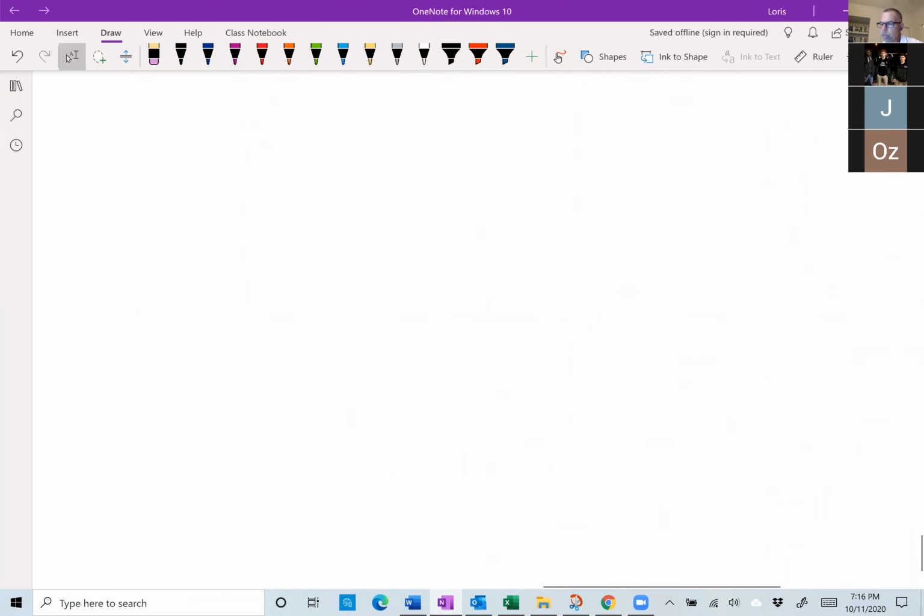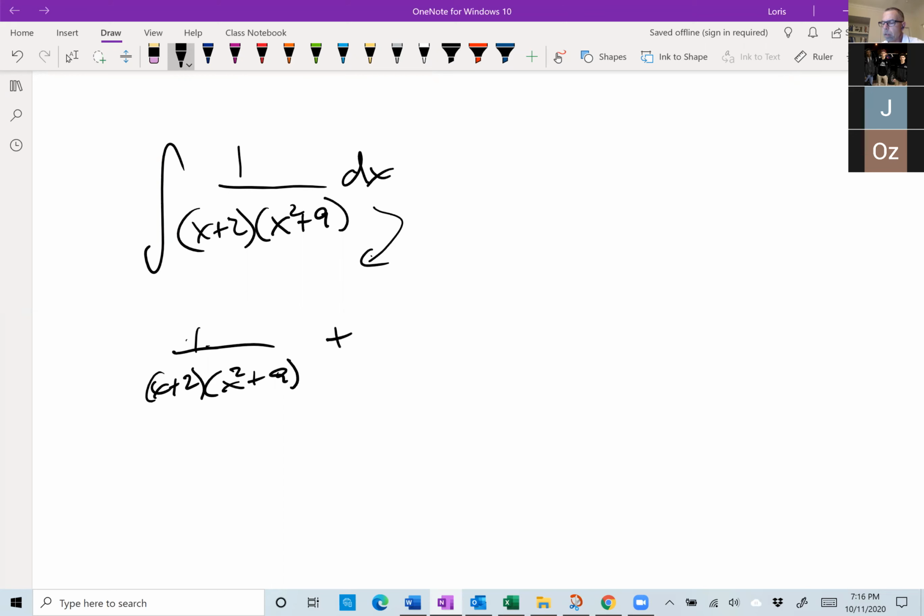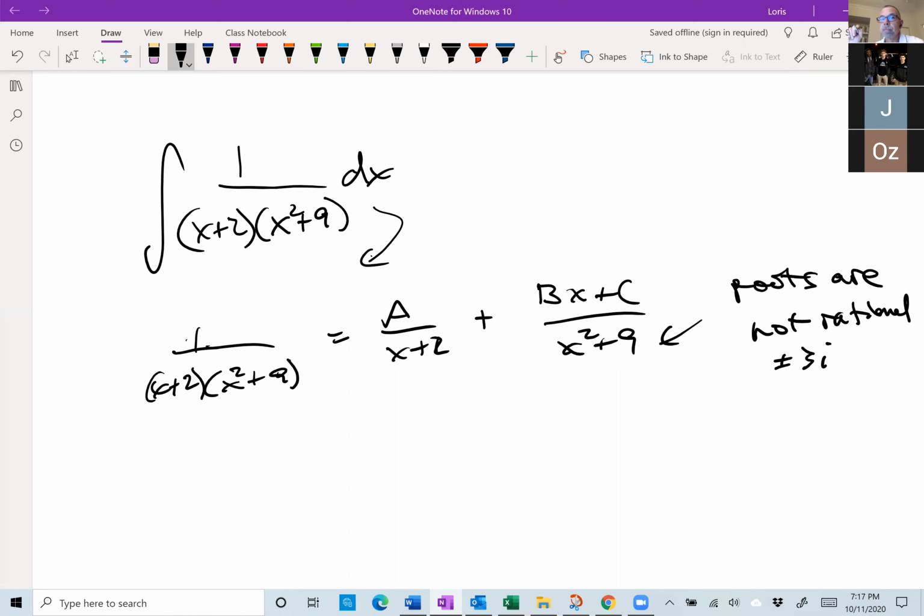So you would write this out on the left, and then on the right you'd have A over x plus 2 plus Bx plus C over x squared plus 9, because the roots of the quadratic are not real. They're plus or minus 3i. They're imaginary. So this is how you would split it up, and then you do the same process.